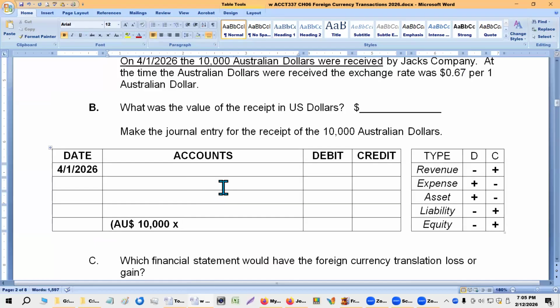So the actual money received would be 6,700 instead of the 7,000. Correct. So this is what our cash is going to be.